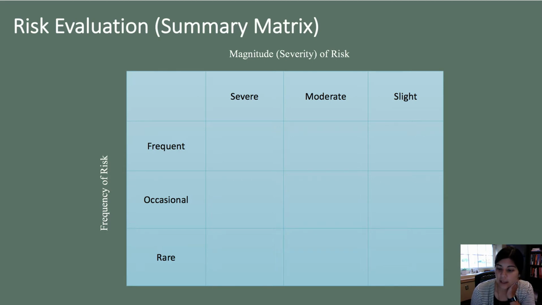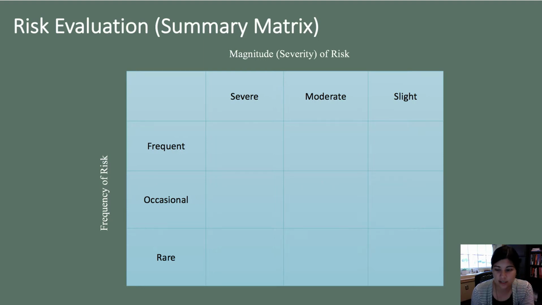Okay, so one way that we can actually prioritize our risks after we have ranked them in terms of frequency and severity is by using what we call a summary matrix. So this is a really handy chart that we can use to actually visualize the risks in our organization, and then from there we can prioritize which risks we're going to attack or treat first.